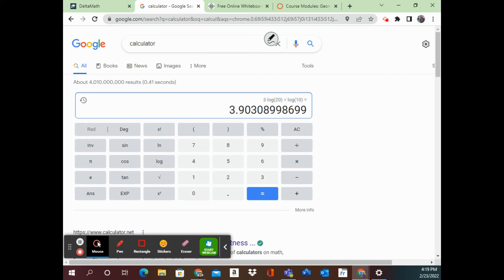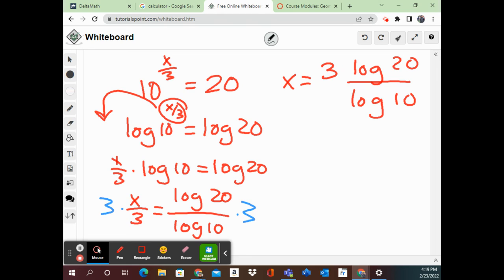So whether I'm writing 3 log 20 divided by log 10 or log 20 divided by log 10 times 3, if I'm multiplying by a whole number, it could go on the numerator. If I'm dividing by a whole number, that whole number could go in the denominator. So for example, I'm multiplying here by 3, so I could say it's 3 log 20 divided by log 10.